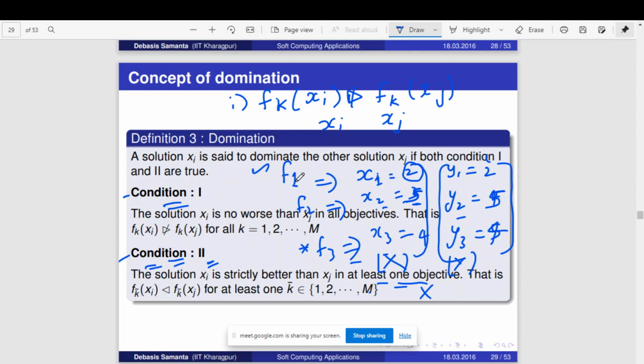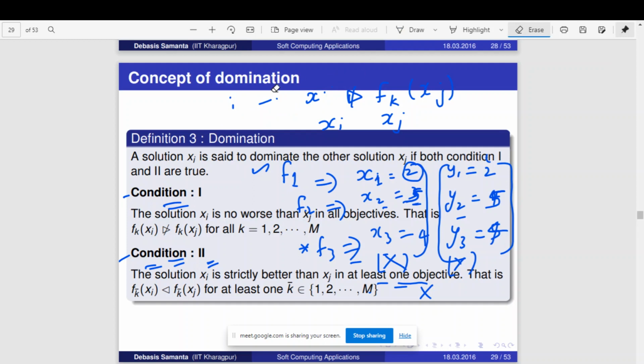Condition 1 is true because all are equal. So we can say that x1 is no worse than y1, x2 is no worse than y2, x3 is no worse than y3. But condition 2 says that there should be at least one objective function for which xi performs better than xj, and there is no such objective function. Are you getting?